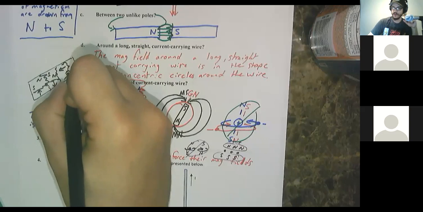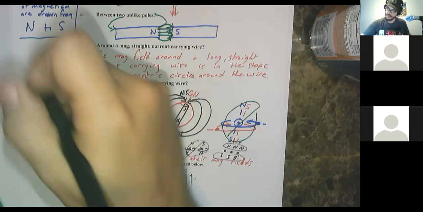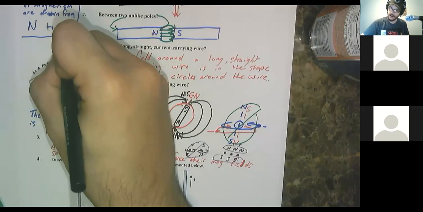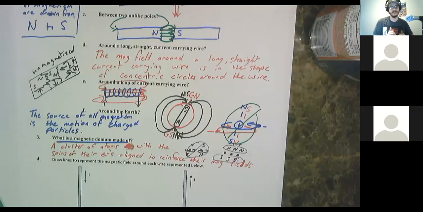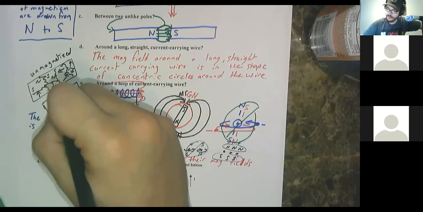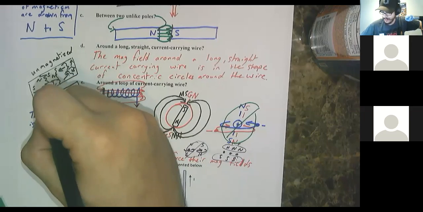And they're random, right? If they're random, then they're not really working together. This is unmagnetized. There are domains, but the domains cancel out. For it to be magnetized, you want this to be all one big, well-aligned domain.